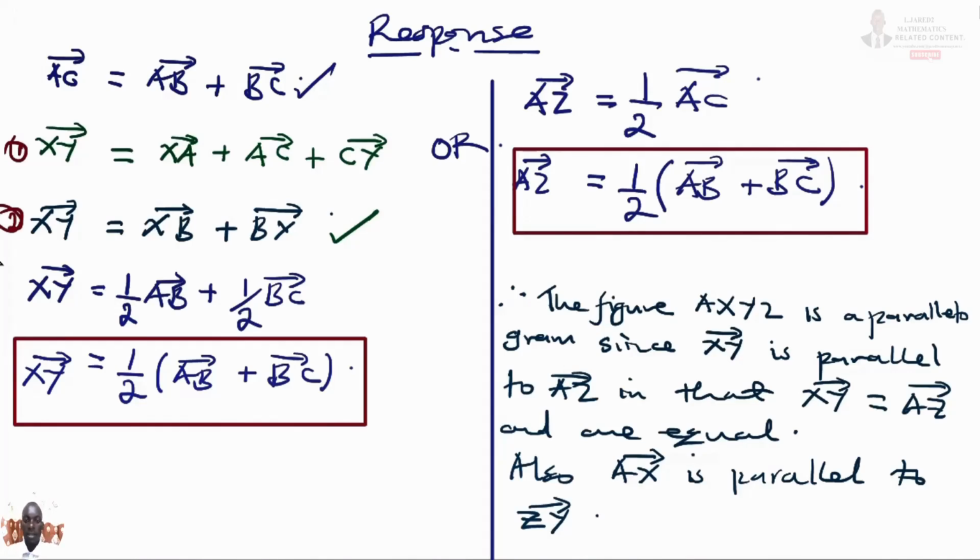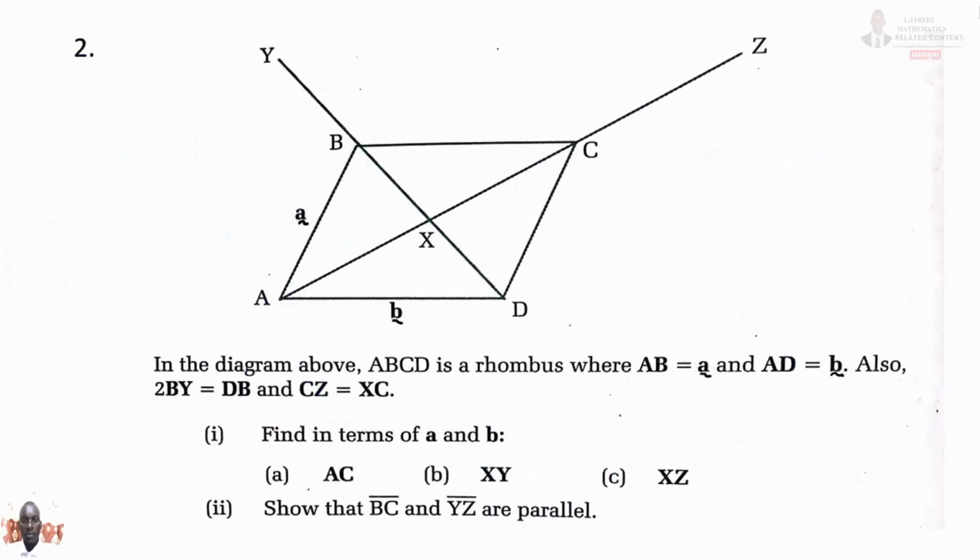Let's have another example. Example 2. You have our diagram there, as you can see, and here is the question. They said in the diagram above, ABCD is a rhombus, where vector AB is represented as a and vector AD is b. Also, vector BY equals half vector DB, and vector CZ equals half vector XC.